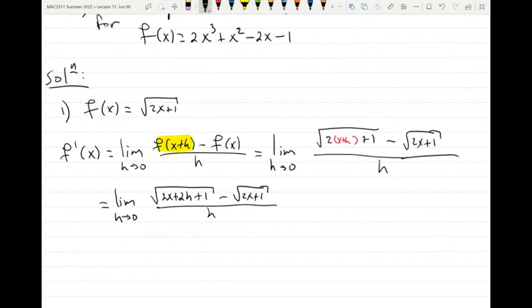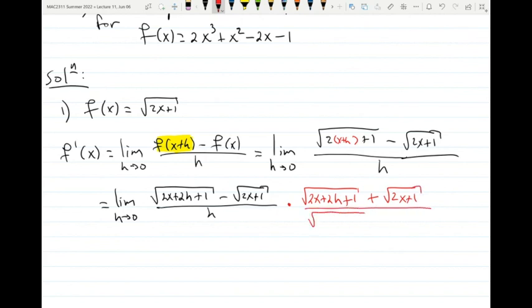What's the technique in this case? We multiply by the conjugate. The conjugate of what? Of the top, right? Which is the same thing, but with a plus instead of a minus. So let's do that. I'm going to multiply top and bottom by the conjugate of the top. That's square root of 2x plus 2h plus 1 plus square root of 2x plus 1.